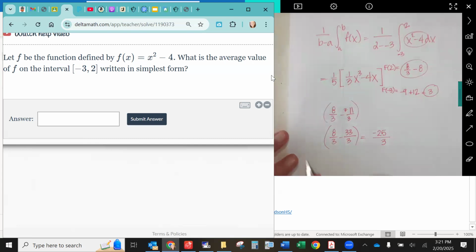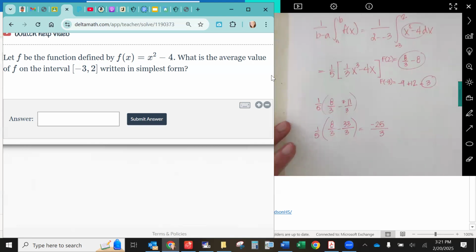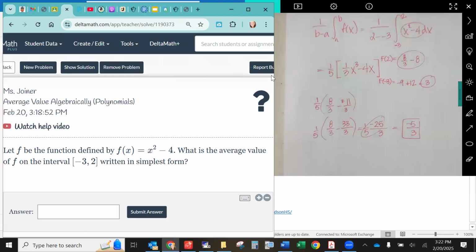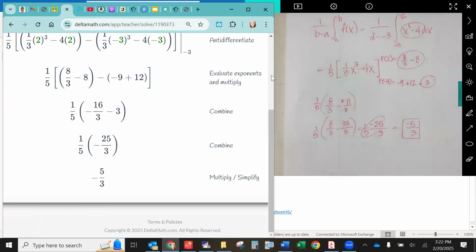The 1/5 means that I would essentially just either times the bottom by 5, or if I can divide by 5, then do it. So if this is a 25 and I want to fifth it, what would that top be now? -5/3. Does that make sense? So you do have to kind of muddle through the fractions a little bit. Yeah, it should be -5/3 is right.